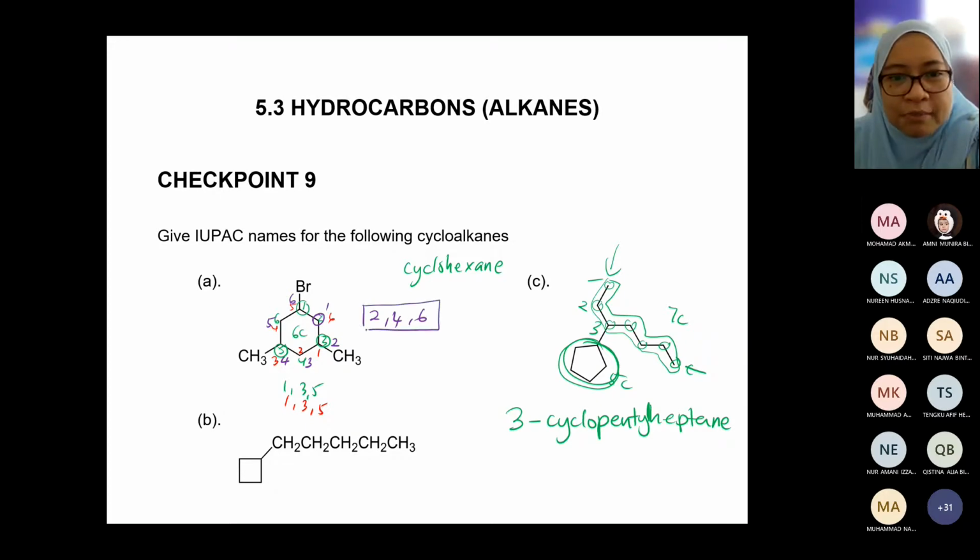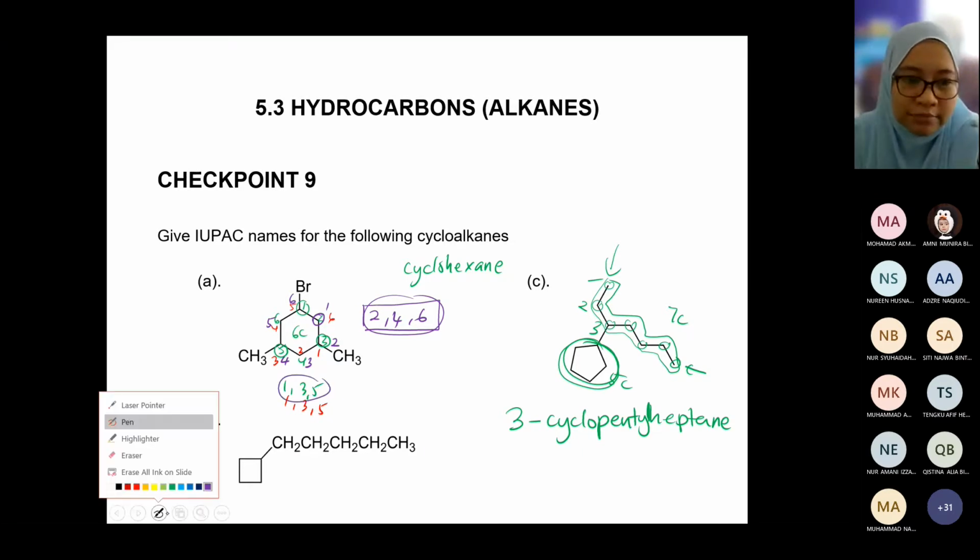Bapak besar nombor dia tu. 2, 4 dengan 6. So, kalau you start dekat tempat lain pun yang tak ada substituent tu, you will get this numbering. Okay. So, 2, 4, 6 dengan 1, 3, 5, of course lah, we would choose 1, 3, 5.